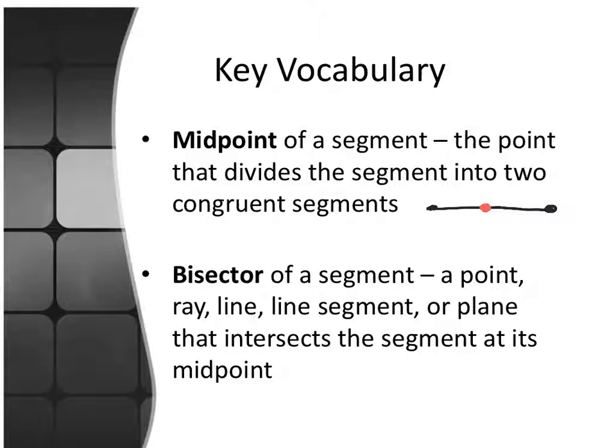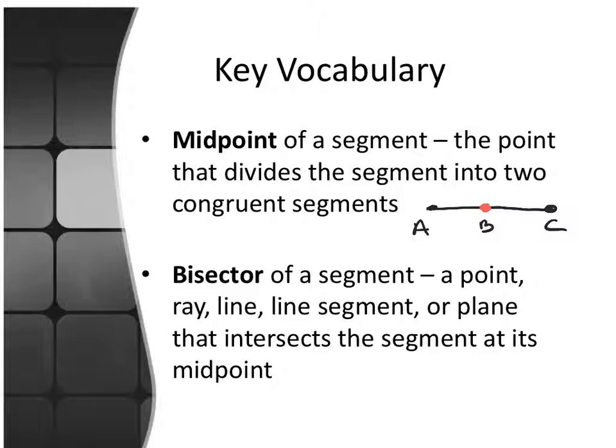Let's say I label this A, B, C. Now, B looks like it's right in the middle, but I can never assume anything in geometry. I can't say that B is the midpoint unless I'm told that B was the midpoint, or unless I'm given maybe the segment lengths to show that they're equal, or congruency marks.